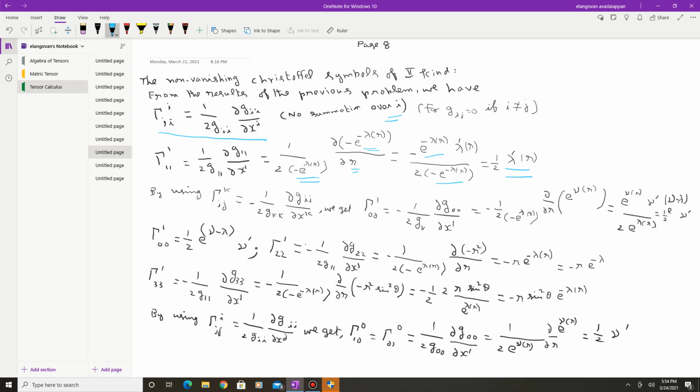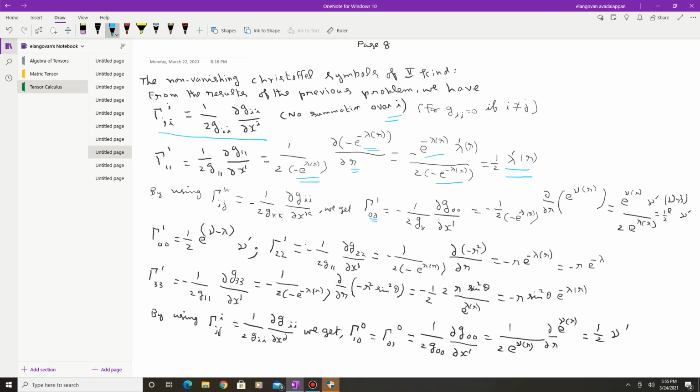And by using gamma k ij, where i and j are equal and k is different, you put k is equal to 1.